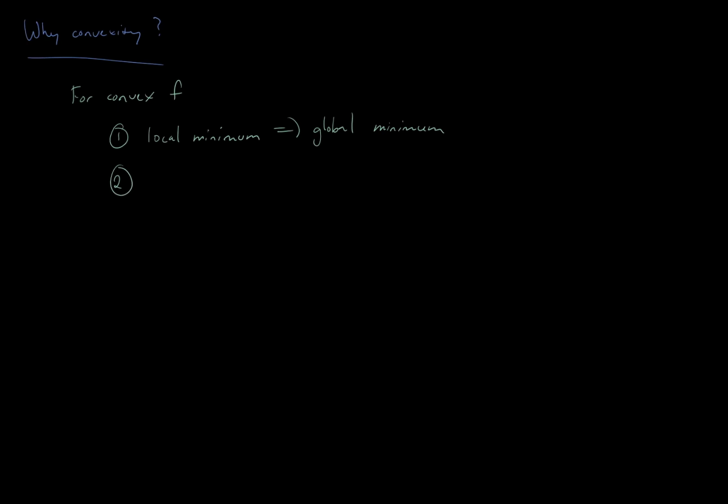And the second is a way of telling us when we found a minimizer for a convex function, which is that if f is a differentiable function, then x star being a minimizer is equivalent to the gradient of f evaluated at x star being equal to 0. Something similar holds for convex functions that are not differentiable, and we'll discuss this later on in the course. But for now, let's first dig into both of these a little bit more.